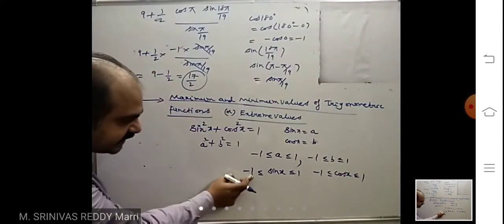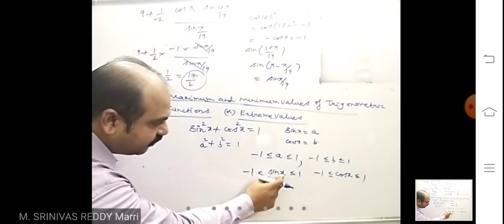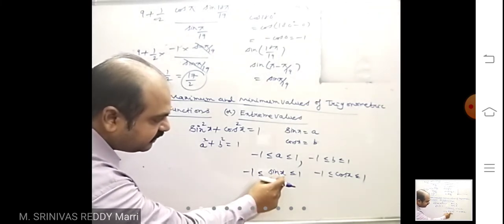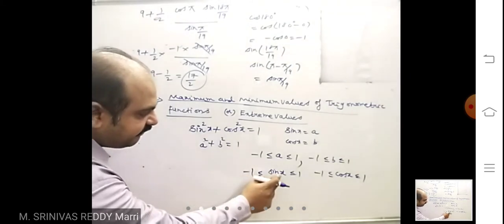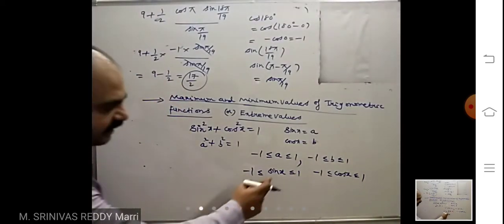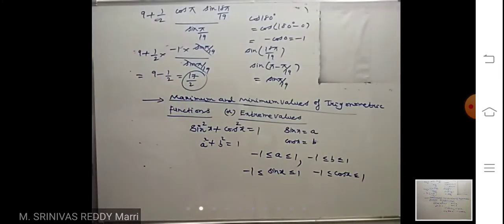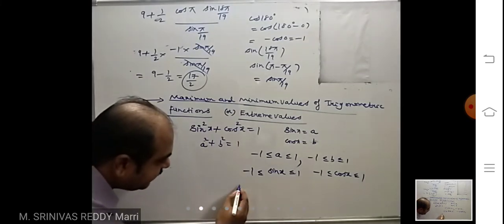Suppose x is minus pi by 2, then sin of minus pi by 2 is minus 1. If x equal to pi by 2, the value is 1. Like that, for any angle you substitute, sin x always lies between minus 1 and 1 and cos x lies between minus 1 and 1.